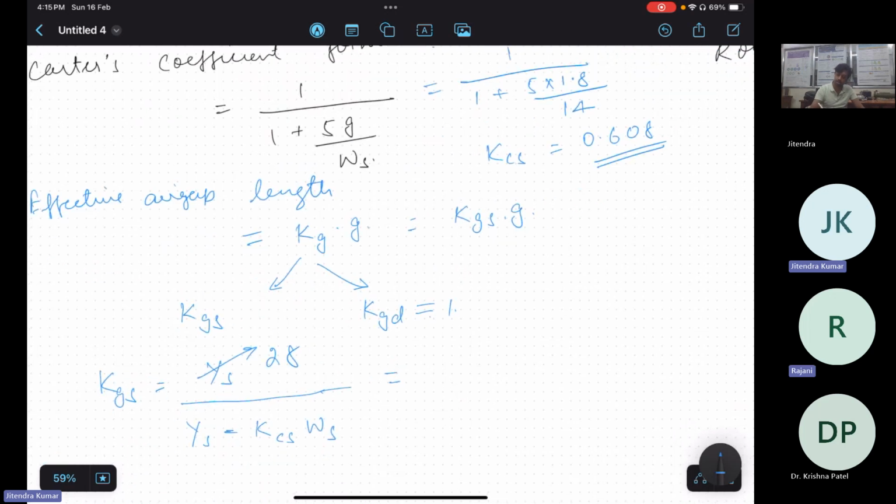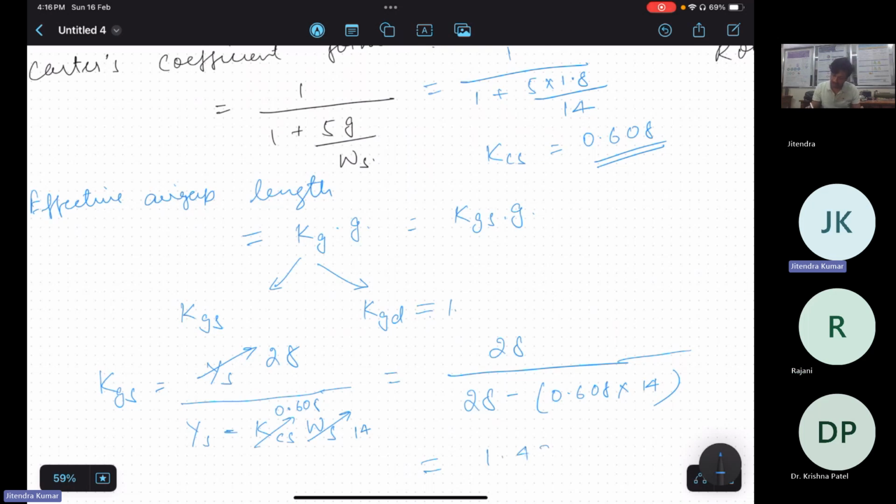So this KCS is 0.608, WS is 14. So KGS will be equal to 28 divided by 28 minus 0.608 into 14. So how much will be KGS? It's 1.4375.